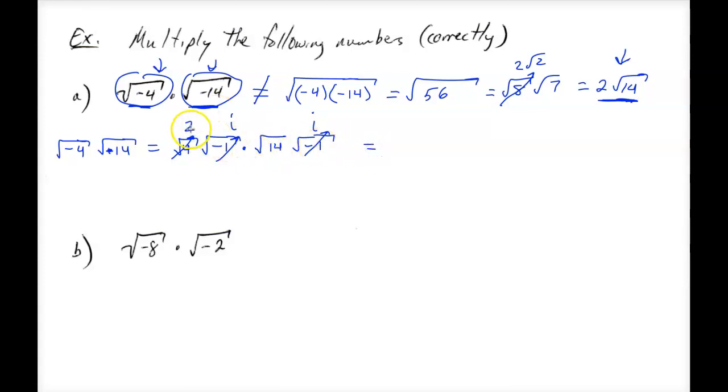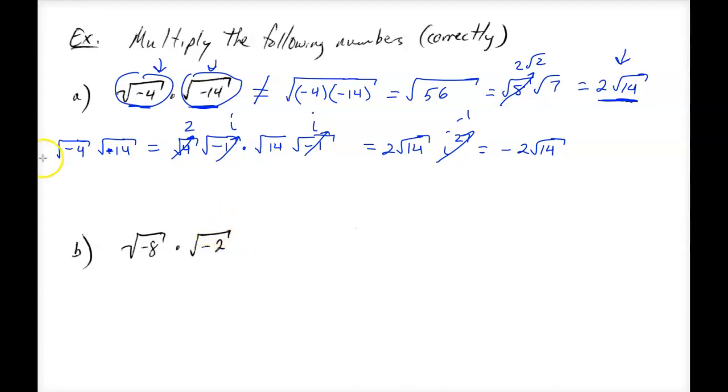And so what we end up with is 2 times square root of 14 here. And we have i times i, which is i squared. And of course, we know that i squared is just -1. So that ends up being a -2 times square root of 14.